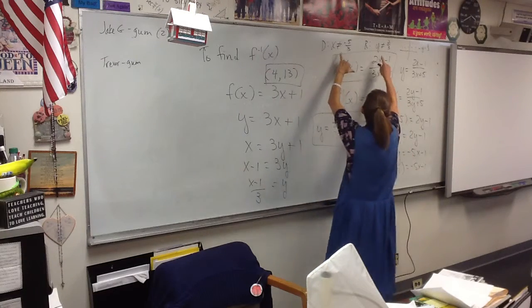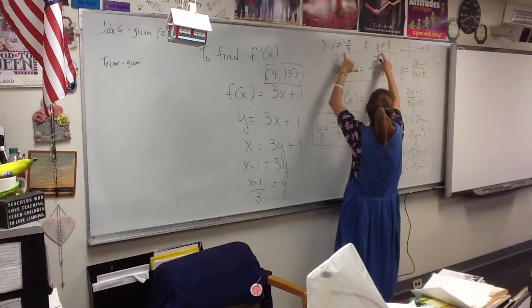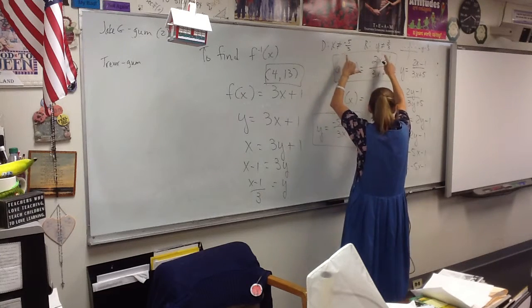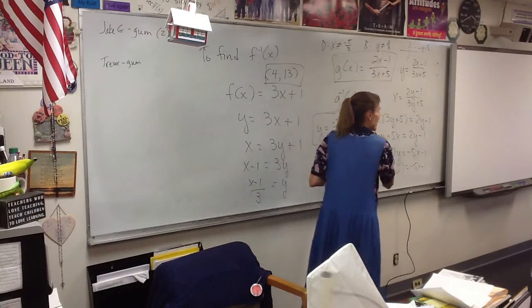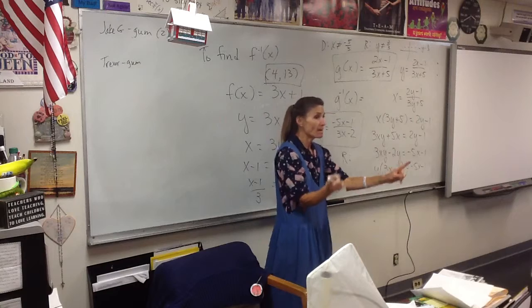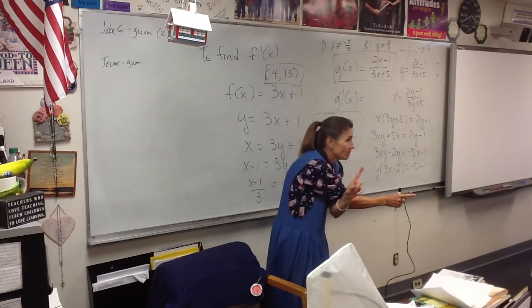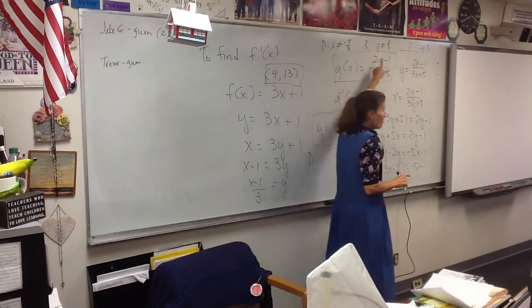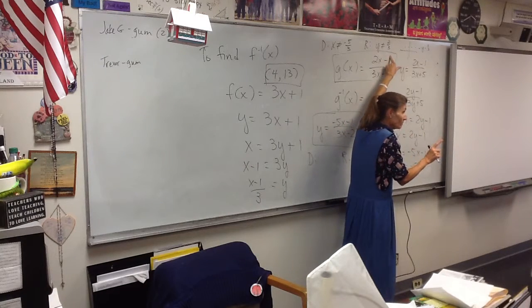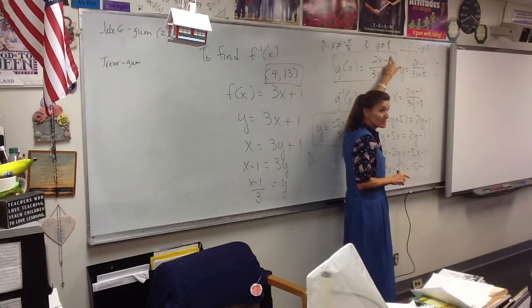Now, I want you to think about this for a second. If these were the restrictions of the original, what will have to be the restrictions of the new one? Remember, the ordered pairs switch. So if you tell me y can't be 2/3 in the original, what do I absolutely know?